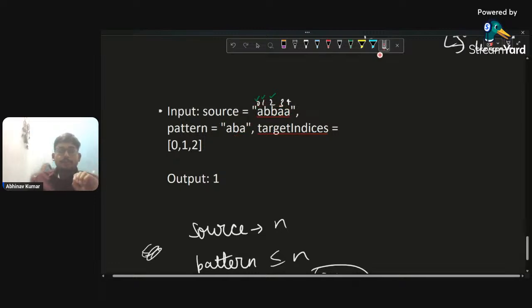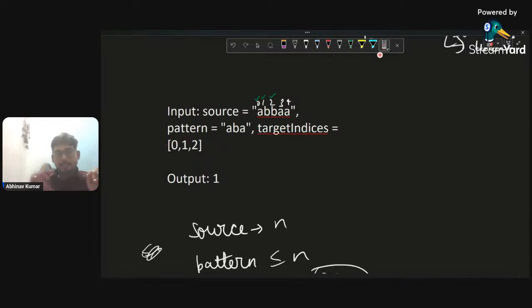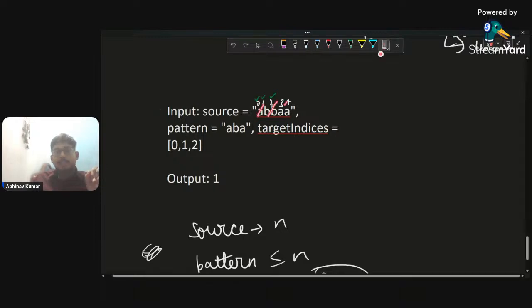Now you have to delete some elements from this source such that after deleting, the remainder string still contains this pattern as a subsequence, and you can only delete these indices, and you need to delete the maximum number of indices. So you need to find the maximum number of indices you can delete so that it still has this pattern as a subsequence. That's what the question states.